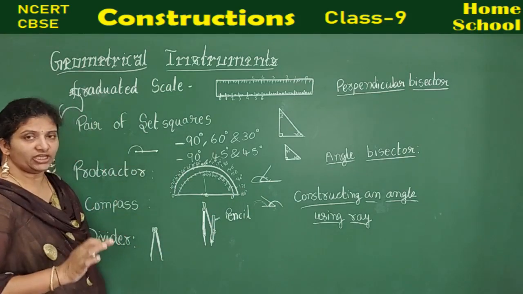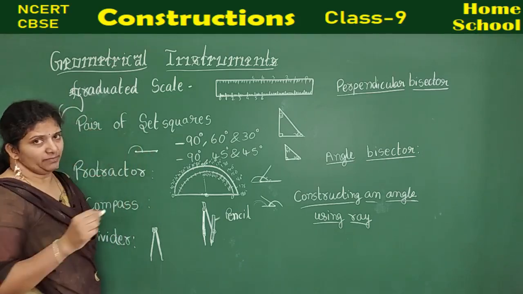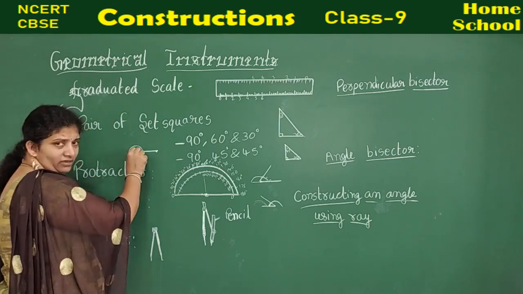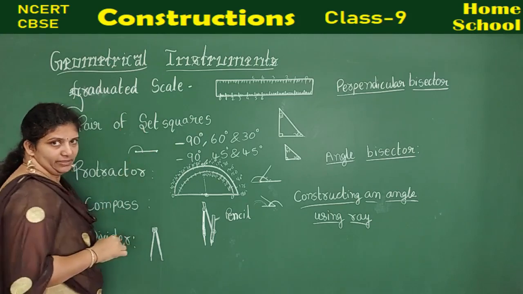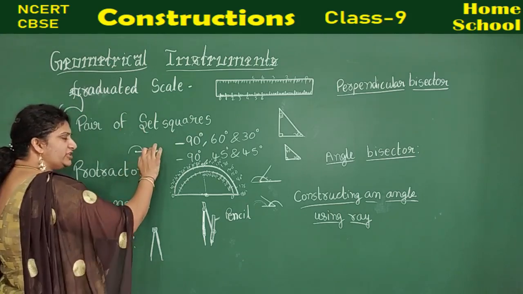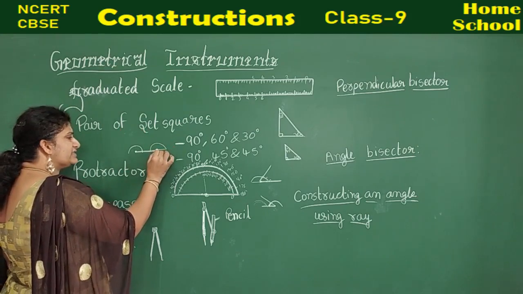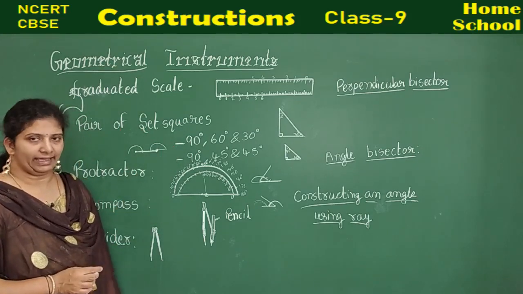Always you should measure your angle from a line segment. You need to place the center point here and measure your angle from the line segment. Suppose you need to measure this side angle, put your protractor center on the top of this point and then measure the angle.